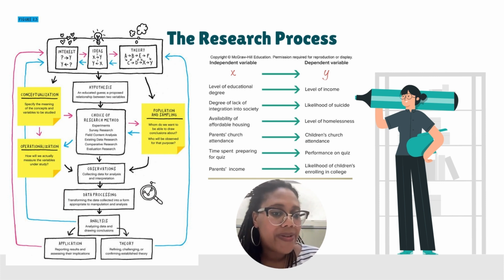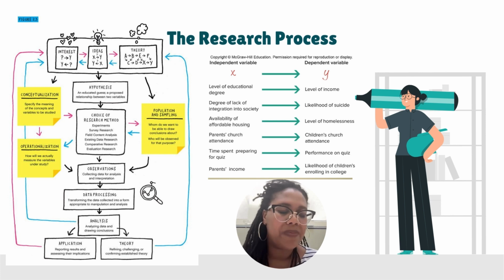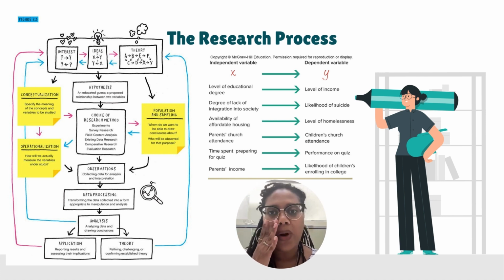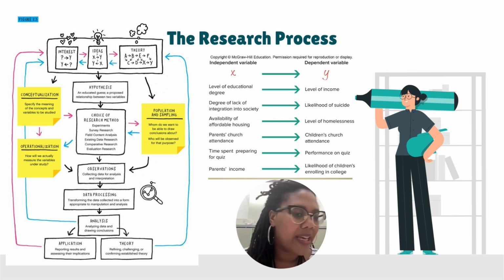I typically use non-random sampling, and usually that means that I just use a convenience sample, which means that I just use the people who are available to me, or that I might use social media or something like that to recruit subjects. It's not random. There's not an equal chance for everyone to participate.